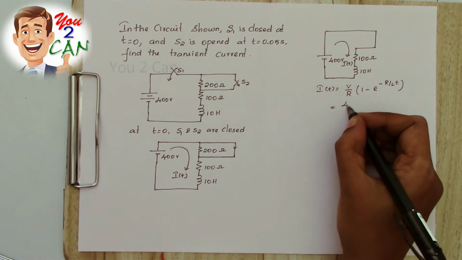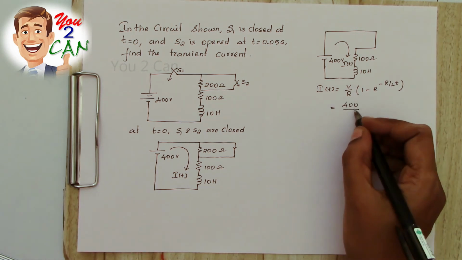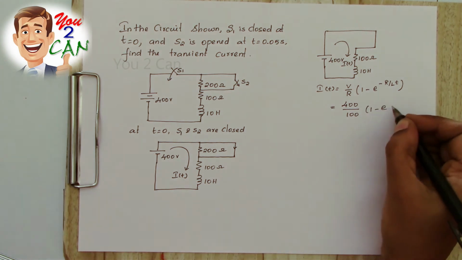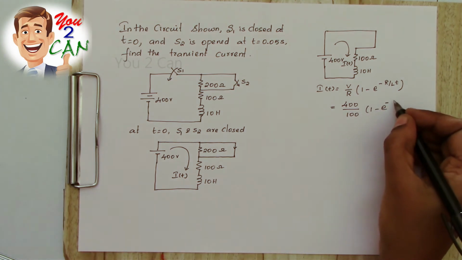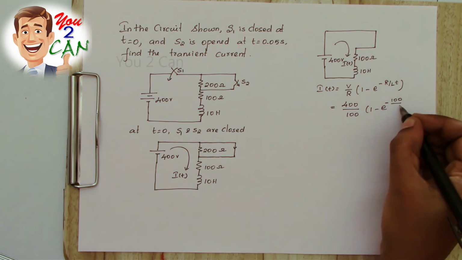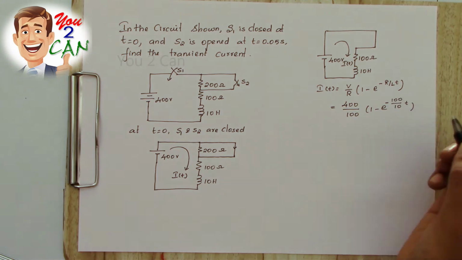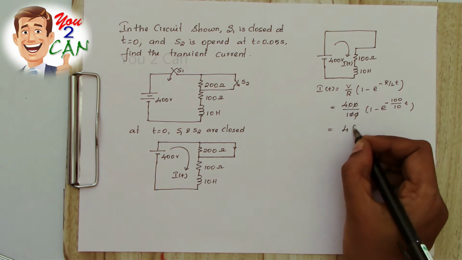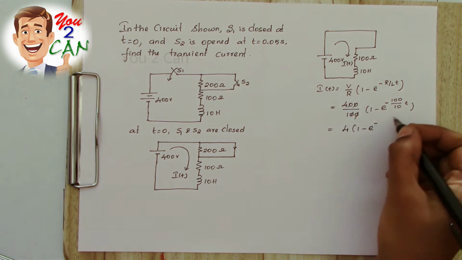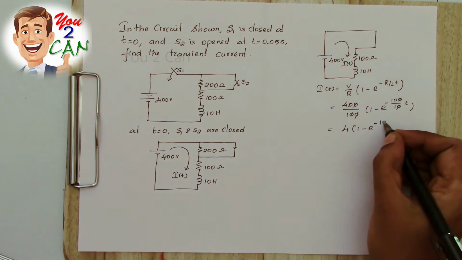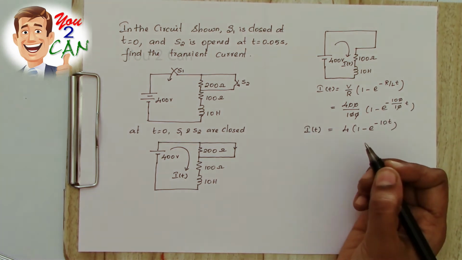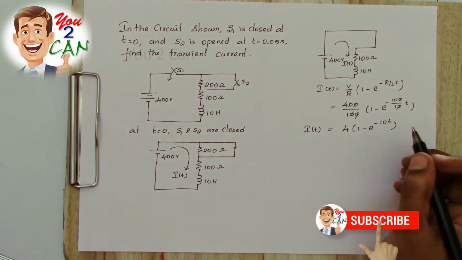So V is 400, R is 100, L is 10. It is equal to 4 into 1 minus e power minus 10t. This is the current when both the switches are closed.